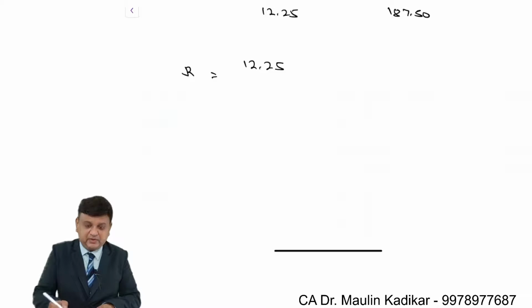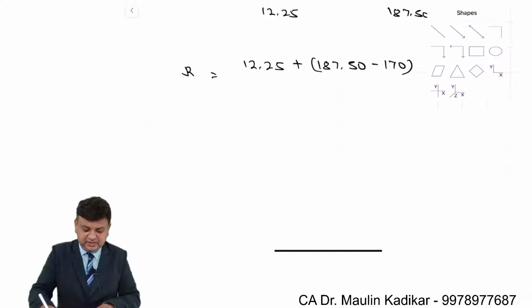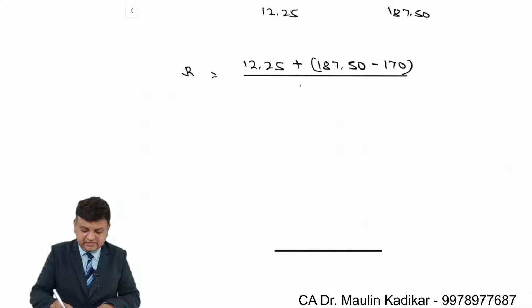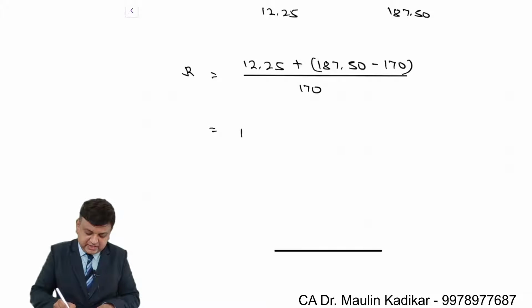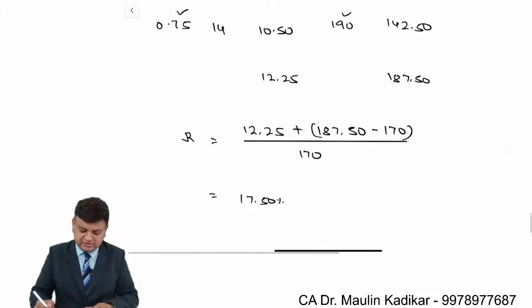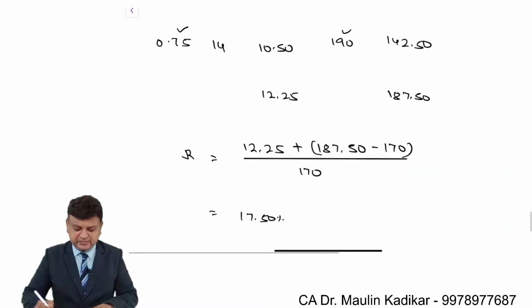Expected dividend 12 rupee 25 paise plus expected market price of the share 187.5, minus current price 170, whole upon 170. So 187.5 minus 170 plus 12.25 divided by 170. You get again the answer of 17.5 percentage. So either way you can make the computation of the expected return.